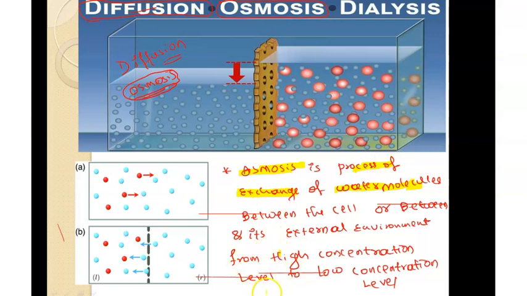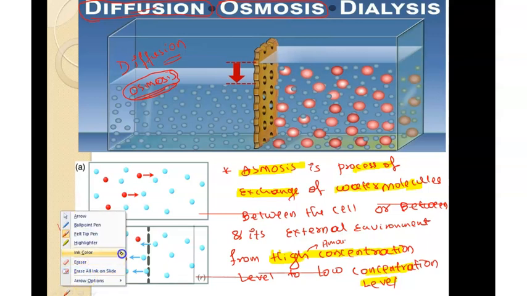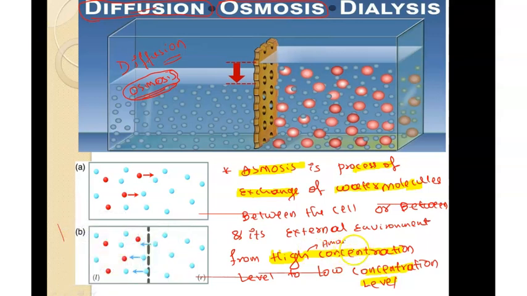So we have a condition on the movement. Movement of water molecules usually takes place from high concentration level to low concentration level. High concentration means the amount of water, the amount of H2O, should be high.